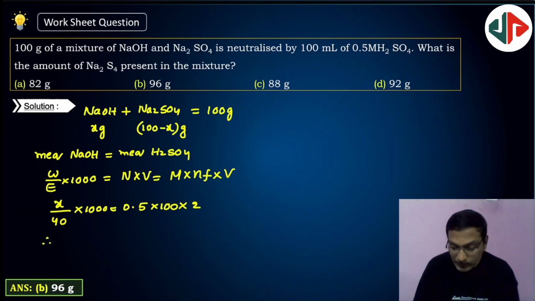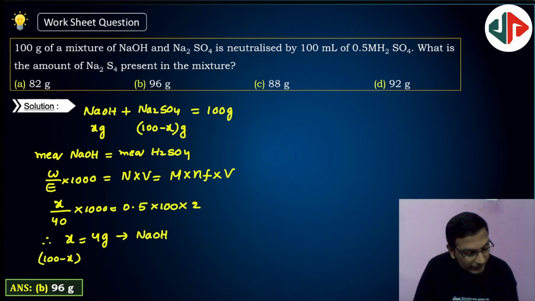So therefore we'll get x value as 200 into 5 by 100, and therefore x value is 4 grams. Here x value is NaOH. Next, 100 minus x grams, that is 96 grams Na2SO4.